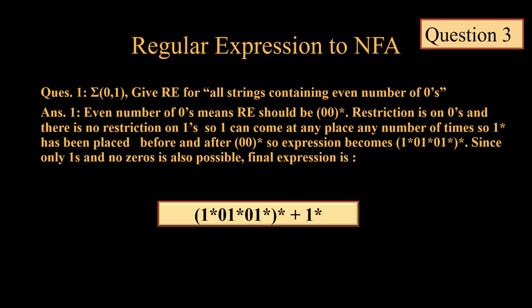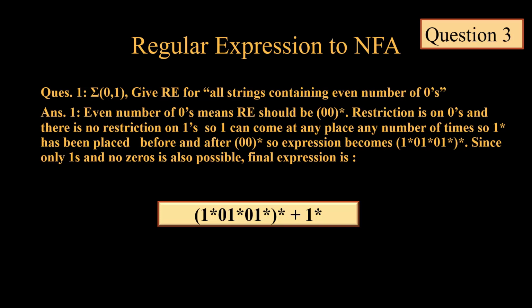Now we come to the third question, in which we need to give the DFA for all strings having an even number of zeros. That means (00)* will be included, and there is no restriction on 1, so we place 1 star at every point around 00. Before and after the 00 whole star we put 1 star, so the expression will be 1* 0 1* 0 1*.